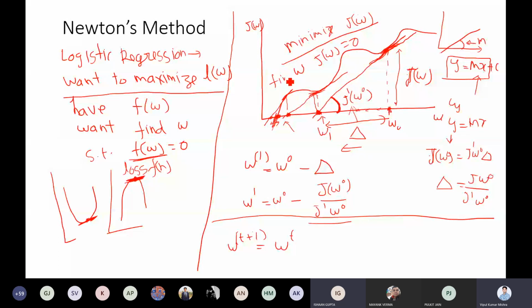So we want to find W where J of W is 0, and it will be 0 when it cuts here. You want to reduce the loss to 0, or reduce the error to 0. That is our objective. Okay?